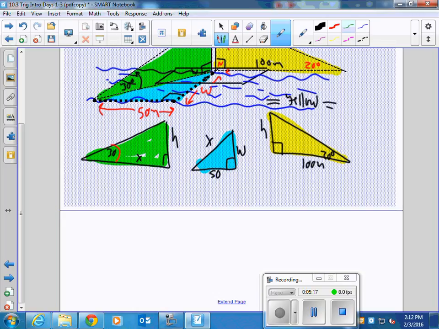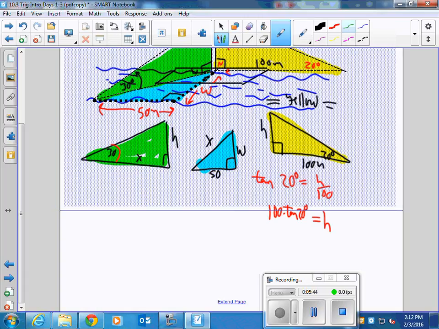What's the relationship between h, 100, and 20? The what of 20 is h over 100? Sine, cosine, or tangent? Opposite over adjacent. Tangent. So h is 100 times the tangent of 20. Good.